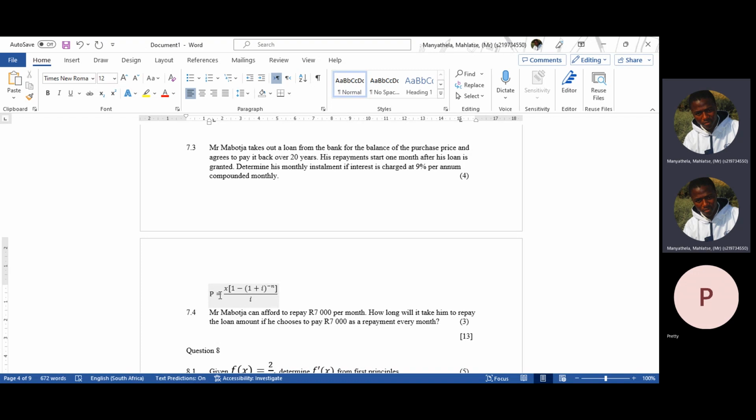We have the interest rate, which is 9%. We have a number of years, which is 20 years compounded monthly. So what do we lack? The only thing that we lack is the value of X. So I'm going to show you the formula to calculate X.